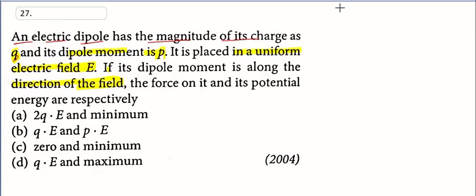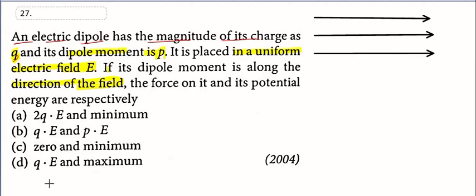This is the uniform electric field, and where the dipole is placed, this is minus q and this is plus q, this is the dipole direction, this is the electric field. If the dipole is along the direction of the field, along the direction of the field means theta is equal to 0 degree.